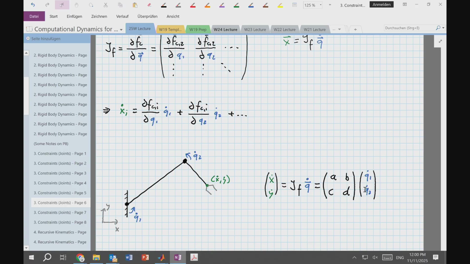Now, if I'm just interested in the x component, x dot, I can basically decompose the overall velocity here as a component in x direction and a component in y direction. What is the lever arm that will give me this x velocity relative to the angular rate that I have here?